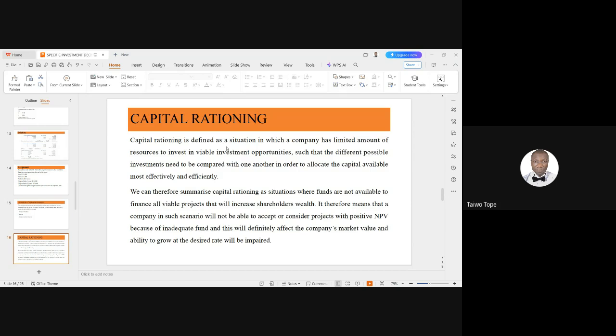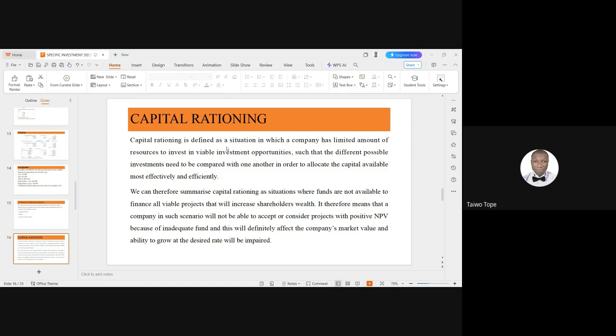In other words, we can consider a case where an organization has unlimited funds. It means they can accept all projects with positive NPV. In this case, there is no scarcity of funds.